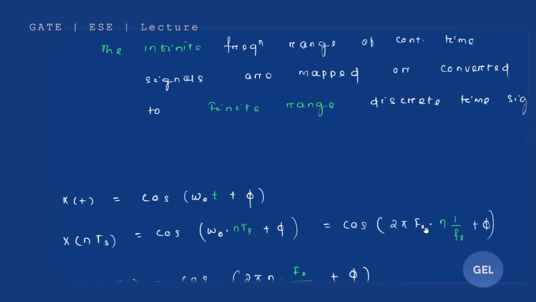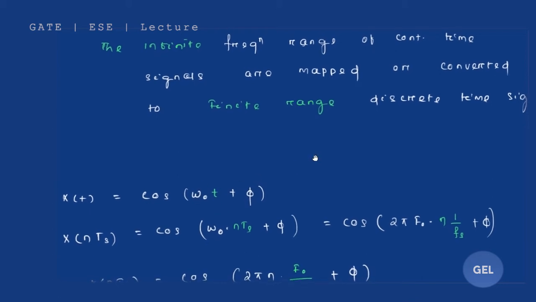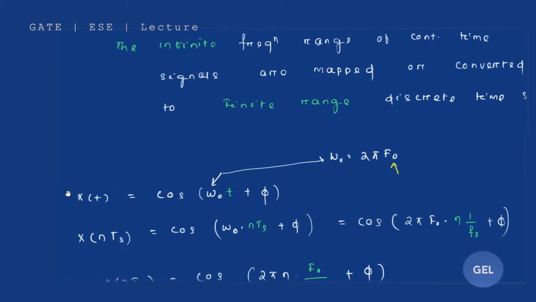It can be written like this. And this omega naught, look here carefully, this omega naught is nothing but 2 pi f naught, where this f naught, the one you are seeing, is the frequency of this continuous time signal.